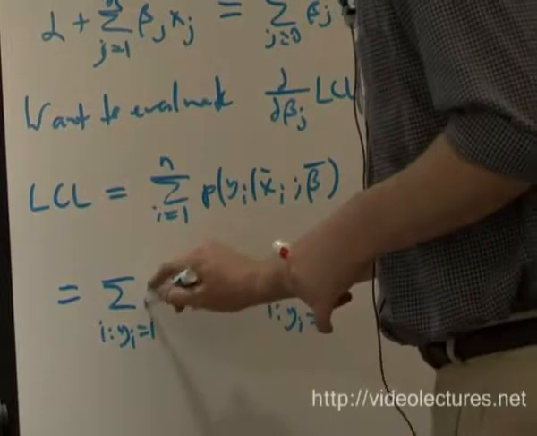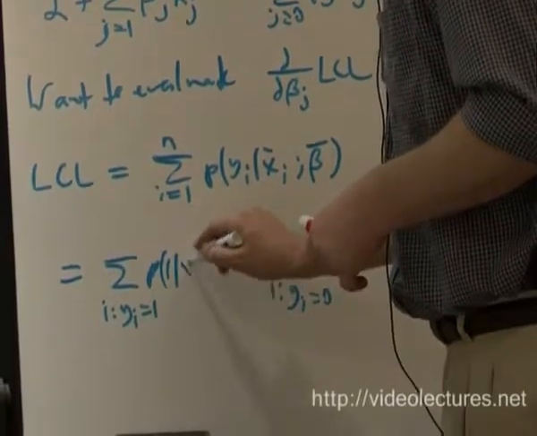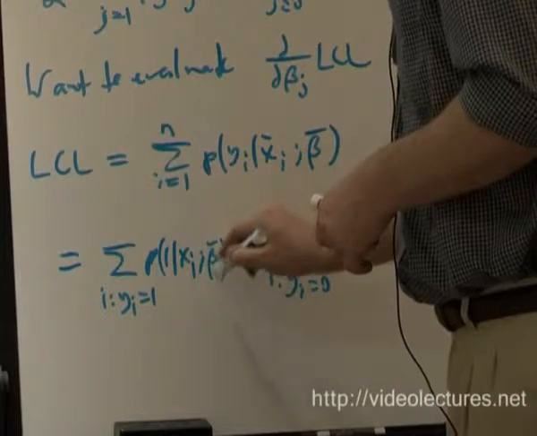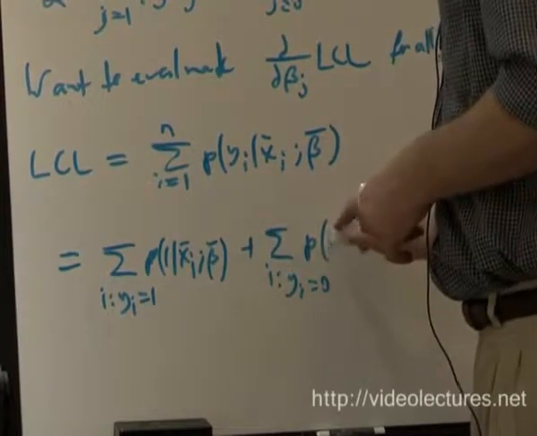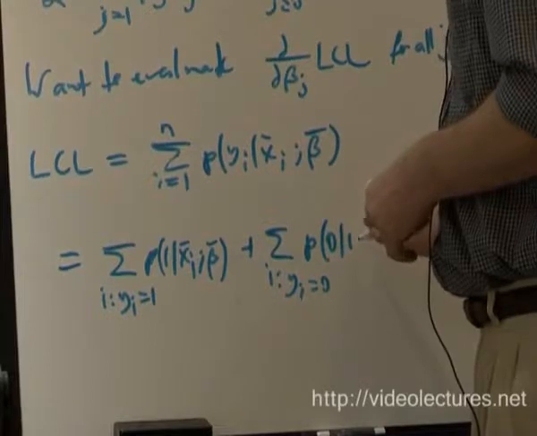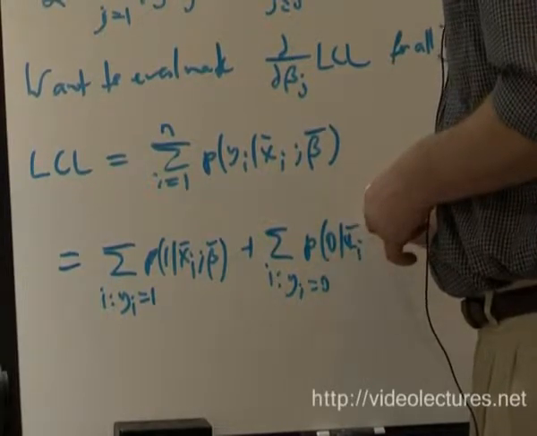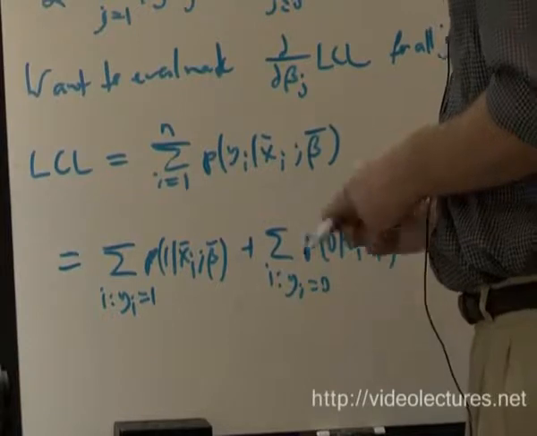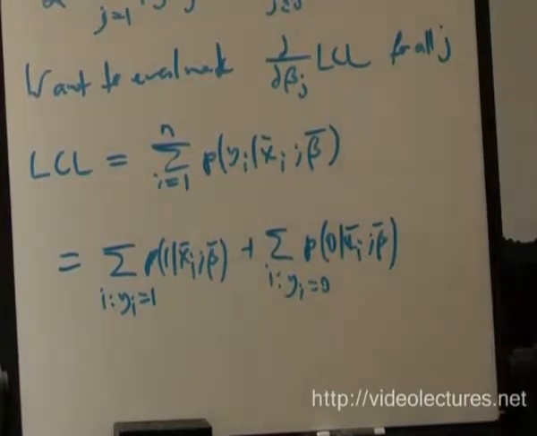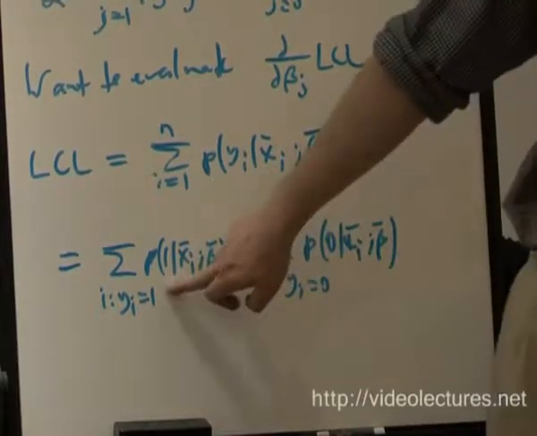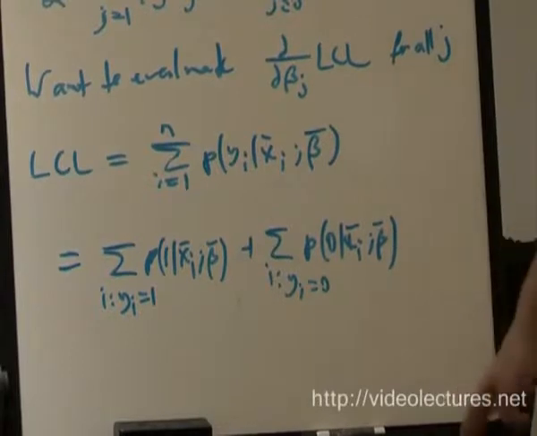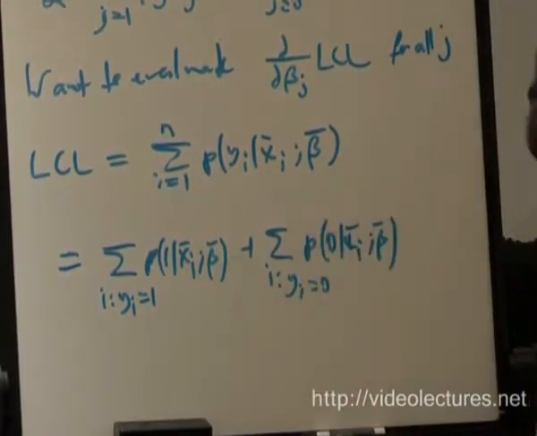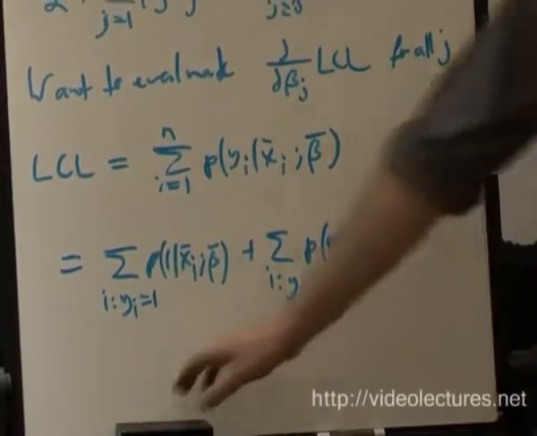And so this will be probability of 1 given xi, and then probability of 0 given xi, beta. Okay. And the reason I'm doing this separation is that the formula for probability of 1 is different from the formula for probability of 0. And so I'm going to treat these separately.